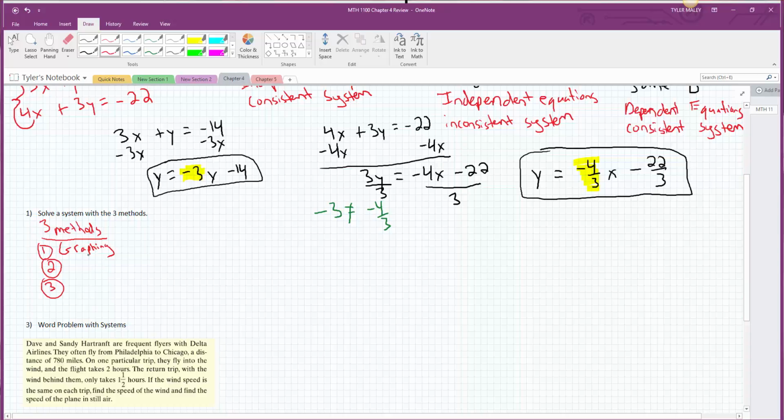But hopefully you realize that this is the least accurate way to do it, because our solution isn't always going to be whole numbers where it's easy to tell the exact solution. The next one that you looked at was substitution. And then the next one was the addition method, also called the elimination method.